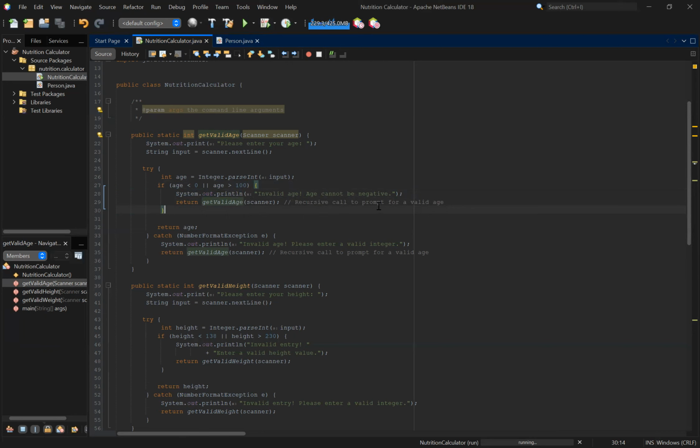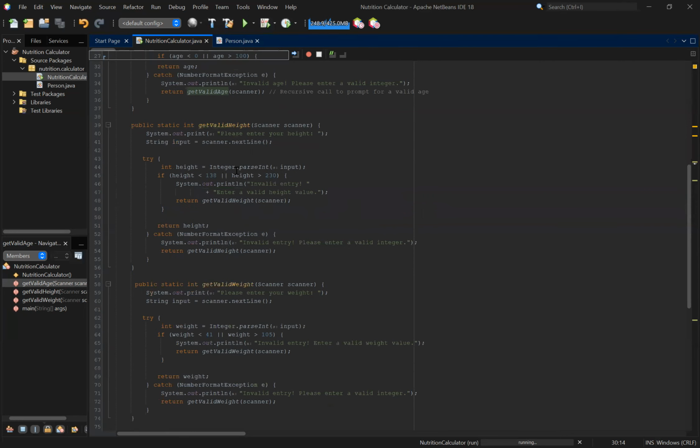For example, if you type in something like 9,999, then you're going to be asked to do it again. And if you type something like 99 or 25, then good to go. The same applies with the person's height and the person's weight.